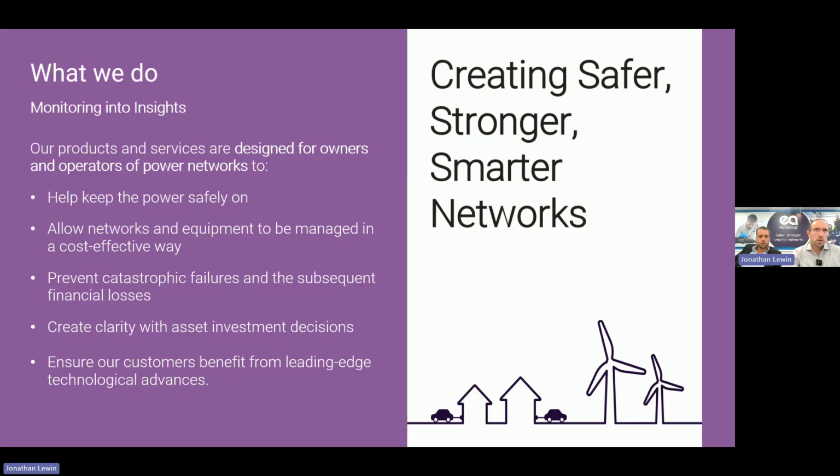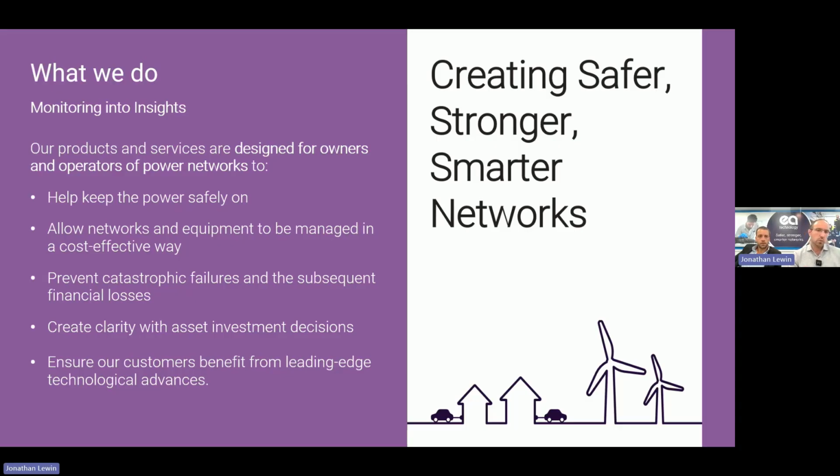What we do essentially is we turn monitoring into insights, and it's all about collecting data, using data to create safer, stronger, smarter networks, and ultimately to keep the power on to our homes, the factories, plants, things like that we need to survive in the modern day.